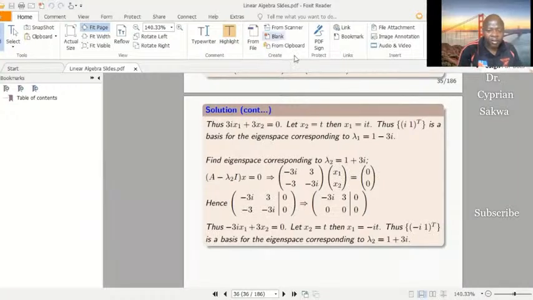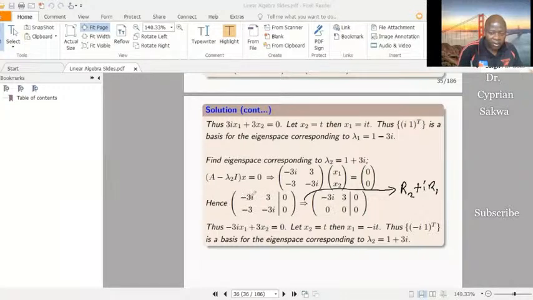And the question again to assist you is, how did I get a 0 at this point? Let me put the step here: i times row 1 plus row 2. So if I multiply this by i, i times i will be negative 1.